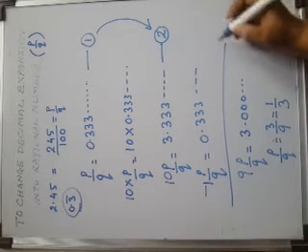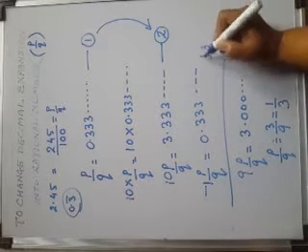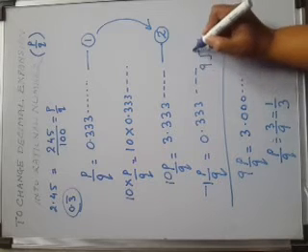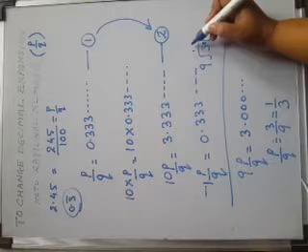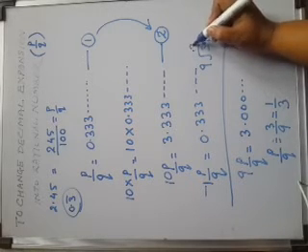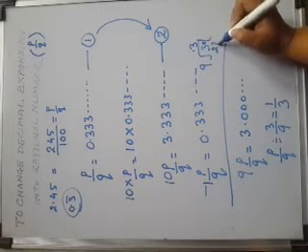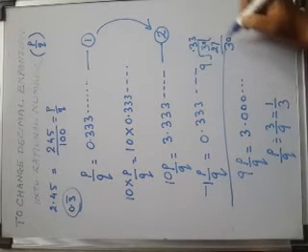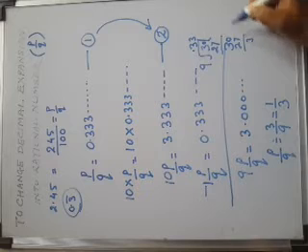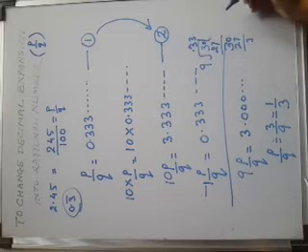You can check. Let us check. Divide 3 by 9. 9.0. What will be there? 9 3s are 27. 3 again 0. 9 3s are 27. 3. So this 3 will go on repeating.